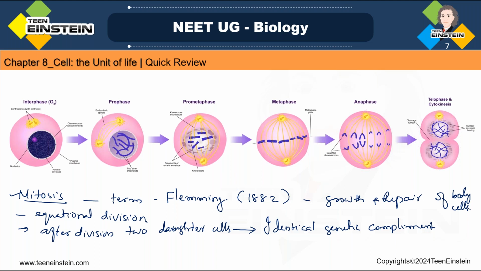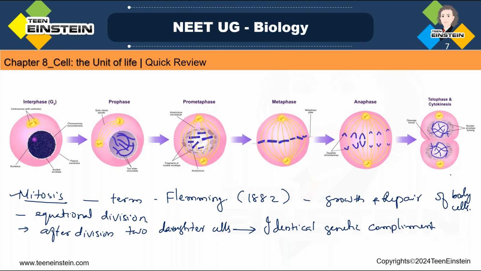It is also involved in the process of asexual reproduction. There is no change in the daughter cells' genetic constituency, so it is involved in asexual reproduction.